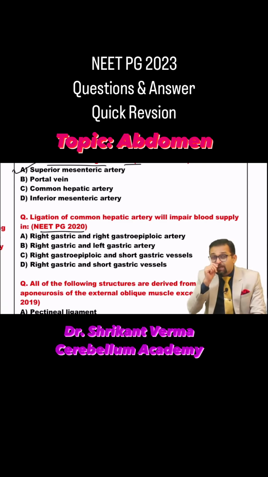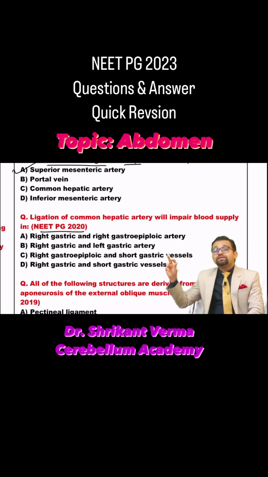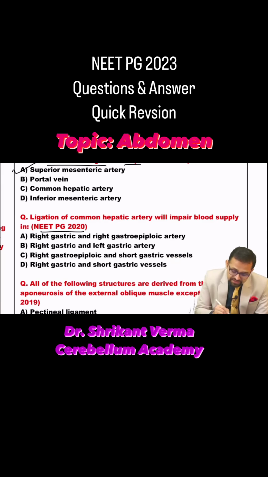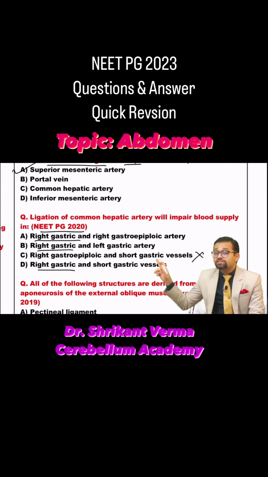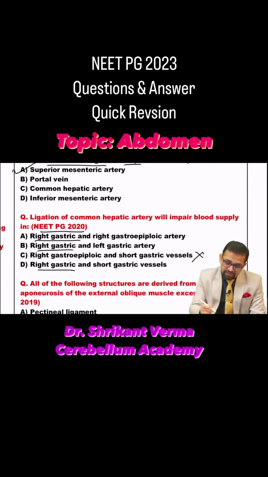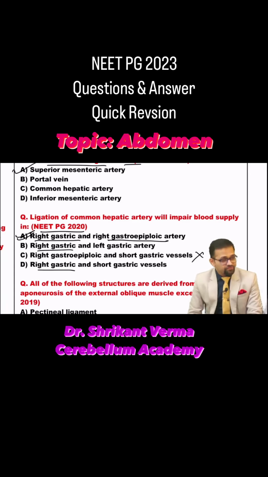So definitely the answer will be the right gastric artery. But sir, the right gastric artery is here, here, here, but not here. So you can drop it. Okay. Right gastroepiploic is there, but the short gastric artery is a branch of the splenic artery. Fine. Now from there the right gastroepiploic artery is coming and it is given here. So the answer will be A. Agree? Very good. Mrityunjay, Navya, Kaushik, all.